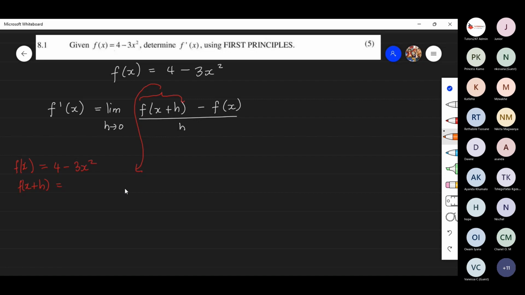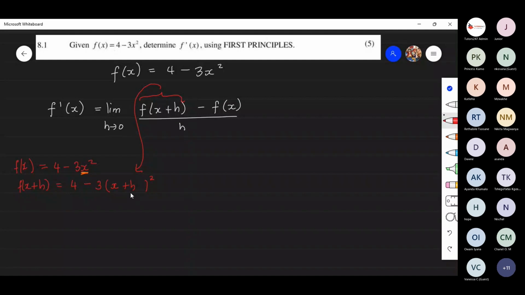So as you can see, we have x over here. So I'm going to rewrite this 4 minus 3, open and close a bracket, squared. So as you can see, I've changed nothing. All I did was where I have x, I'm putting in my bracket. And in place of that x, I'm going to substitute x plus h. So that is your first part.